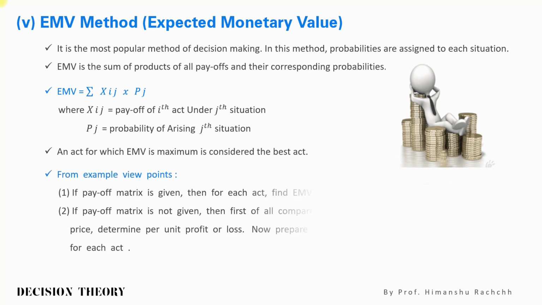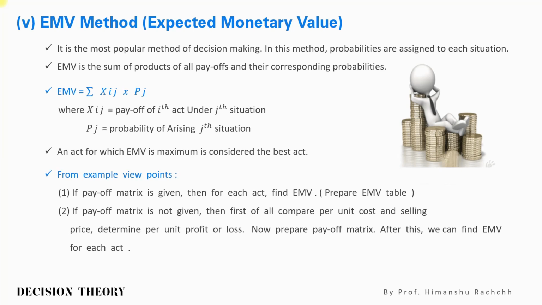For example, there are two viewpoints. First, if payoff matrix is given, then for each act we find EMV. If payoff matrix is given, we directly prepare EMV table.